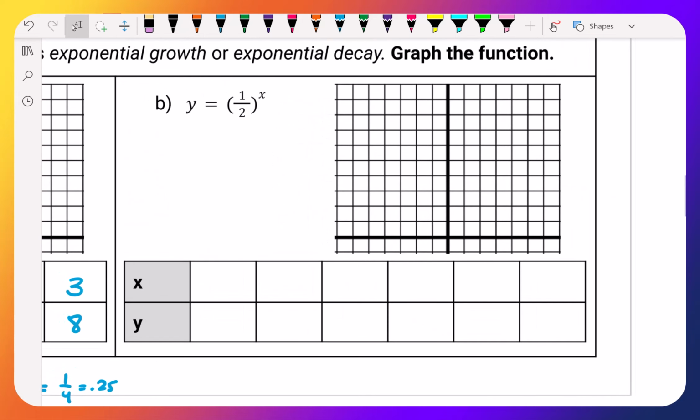So let's look at this one. This is a decay. I know it's going to be decay. I'm also going to squeeze that positive 1 in here. There is no translation up or down, so I'm going to go ahead and just start with 0 and 1 here. But it's going to be a decay, so it's going to have this kind of shape to it.